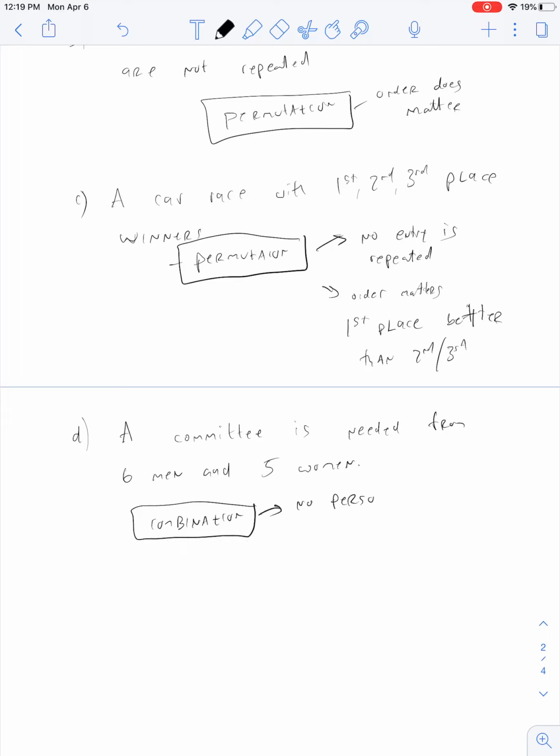Because no person is repeated in the committee. You'll have one man, two men, three men, four men, five men, six men. They're all different men, and same thing, five different women. And also, order does not matter. There's no difference between men and women here, right? I mean, they're just individuals.